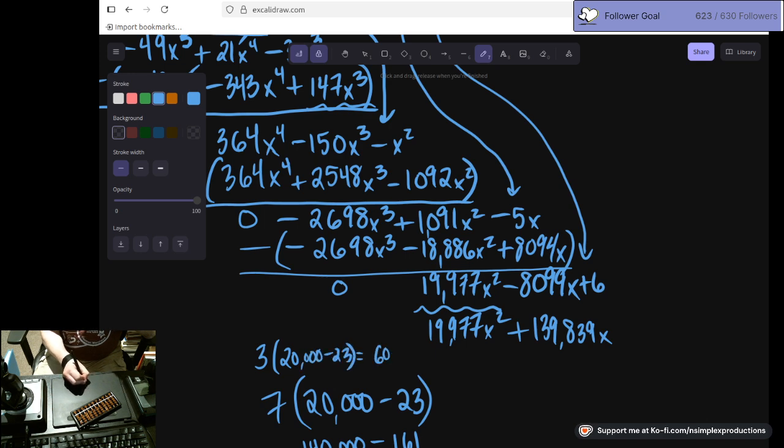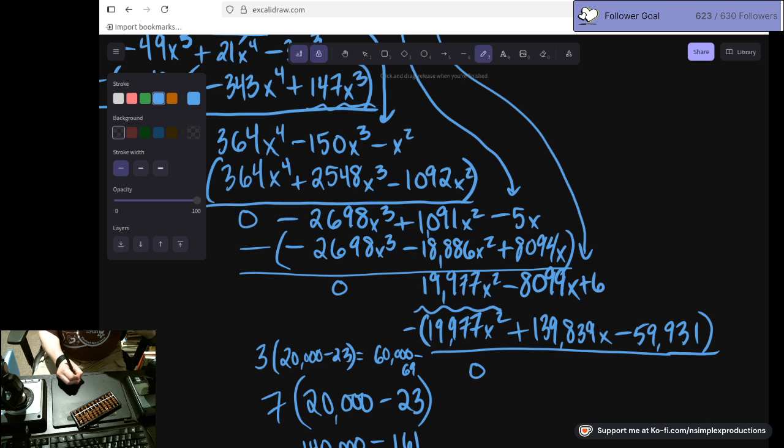Is going to be 60,000 minus 69, which is going to be minus, parentheses, minus 59,931.